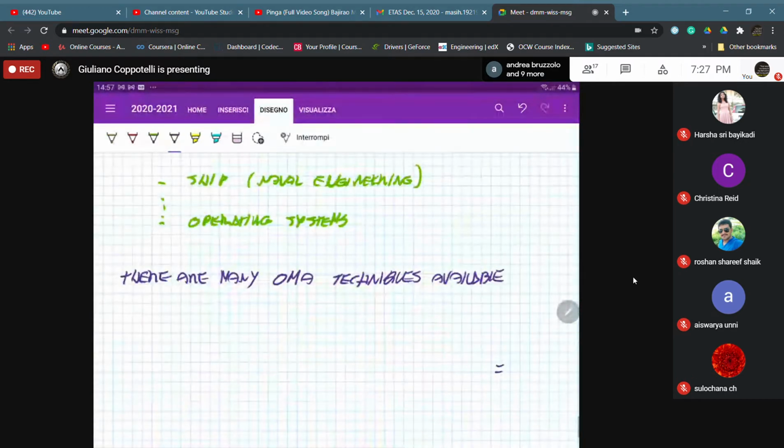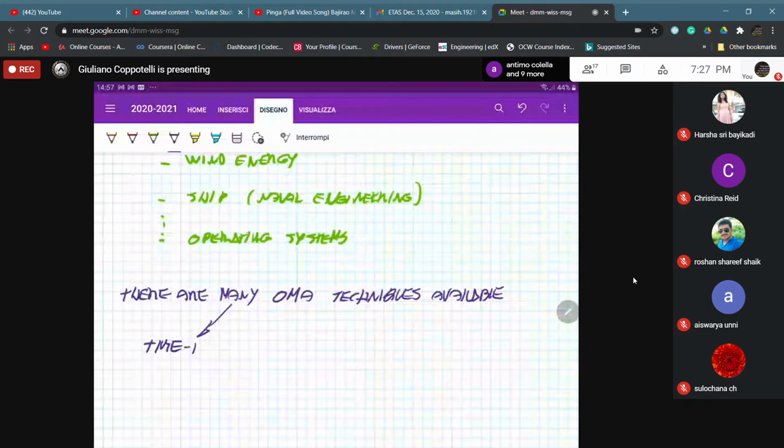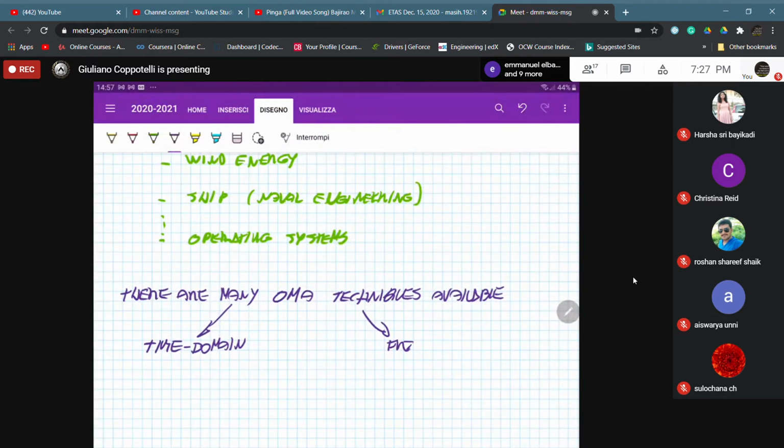We will see just one in the time domain and another one in the frequency domain. So let's have these two techniques.